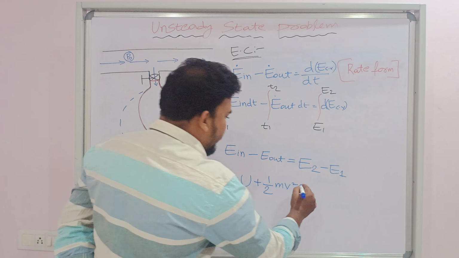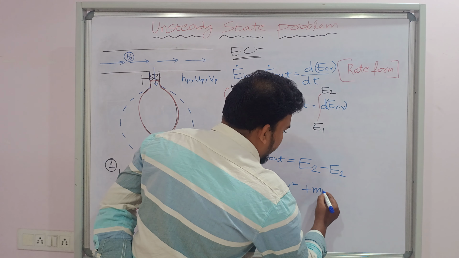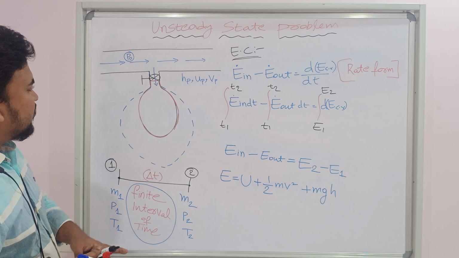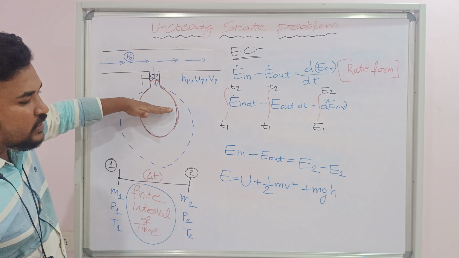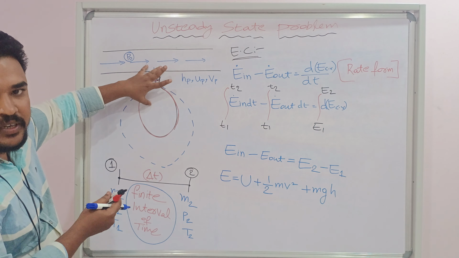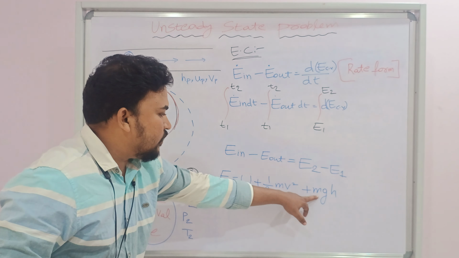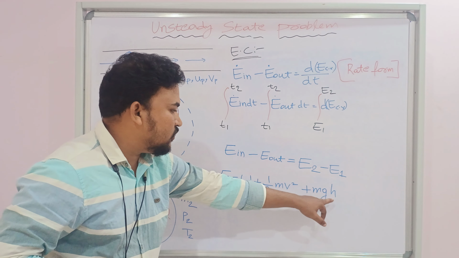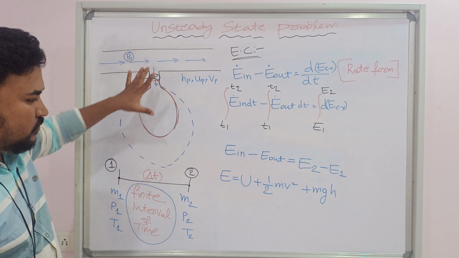And it also has some potential energy if it has some datum. If I take this as the datum, the molecules will experience it. There will be a mass of molecules, g is the acceleration due to gravity, and height is measured from the datum.